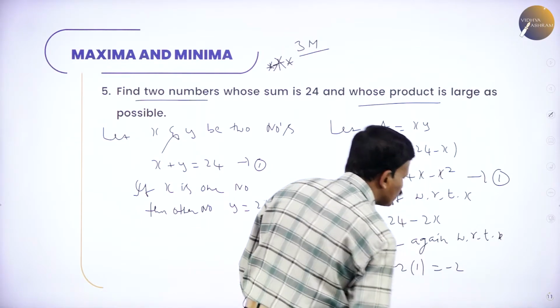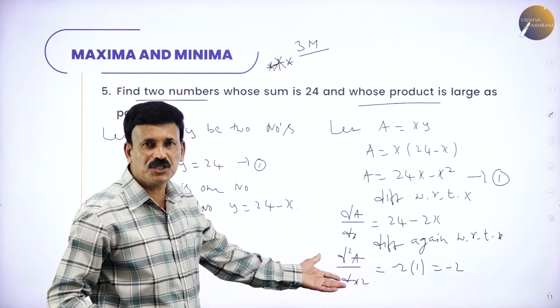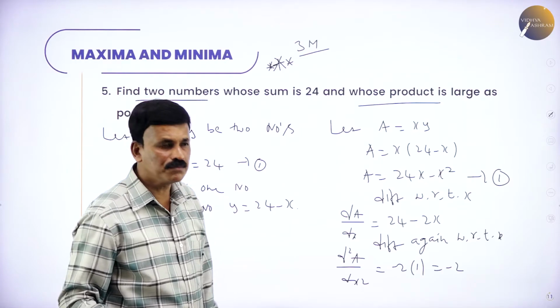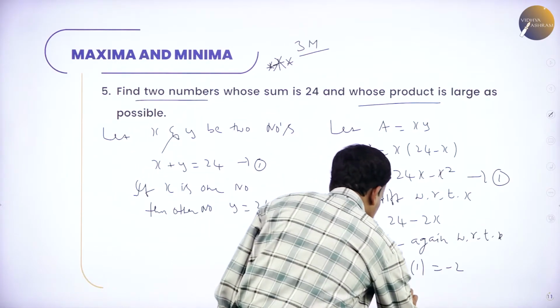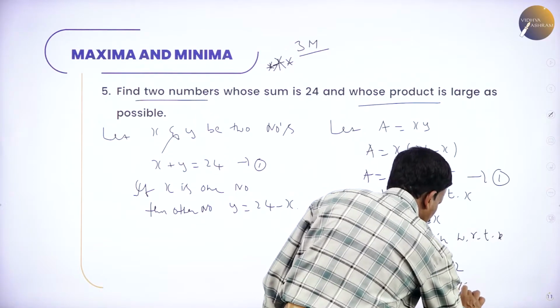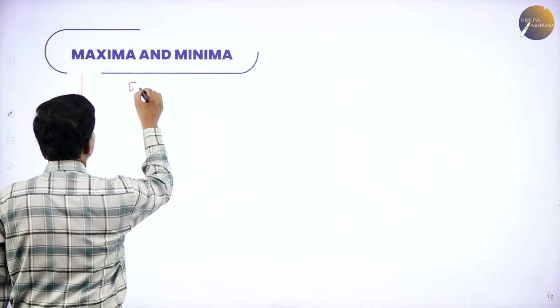This is minus 2. Here itself you can say, since the second derivative is negative, the function is maximum.